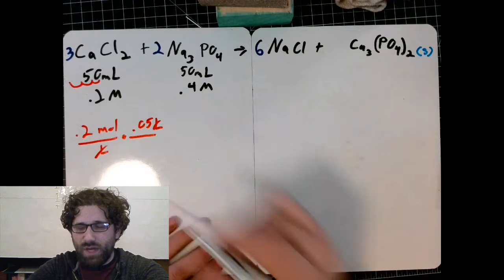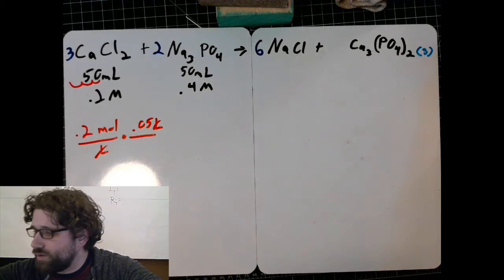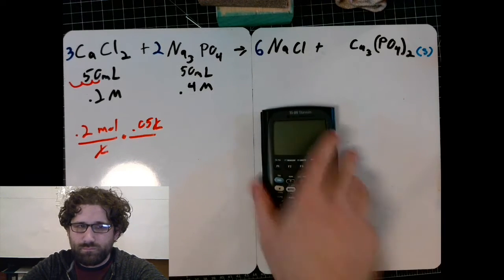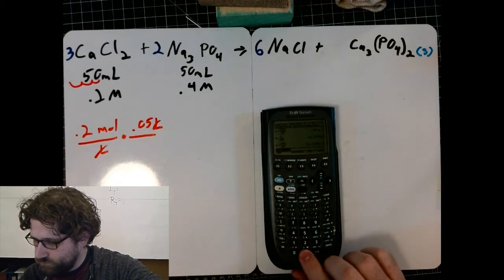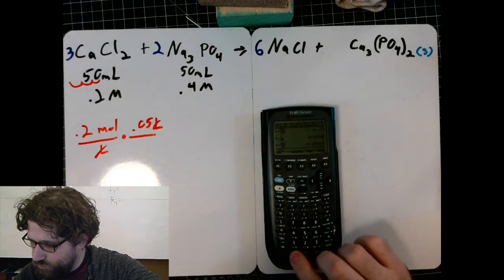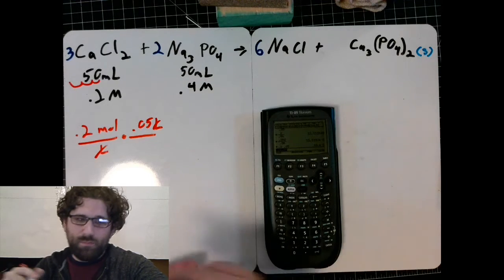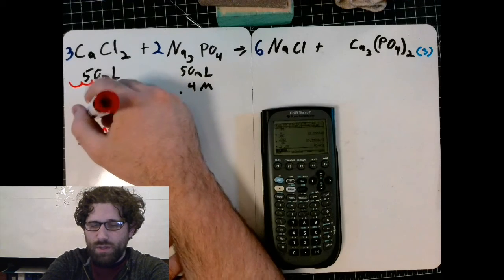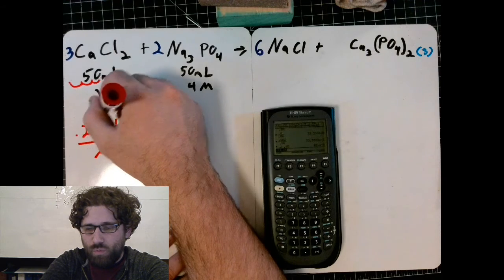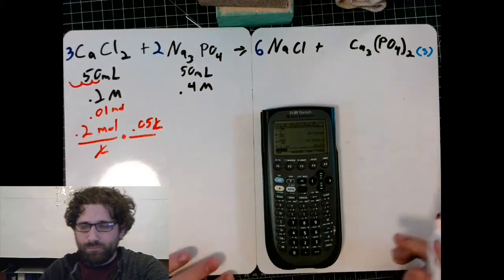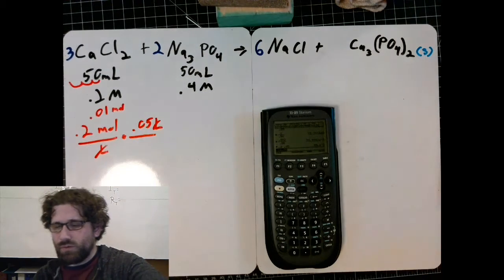So 0.2 times 0.05, let's break out our calculator. 0.2 times 0.05 gives me 10 e to the negative 3, so that's going to be 0.01 mole. Okay? Now let's do that one.